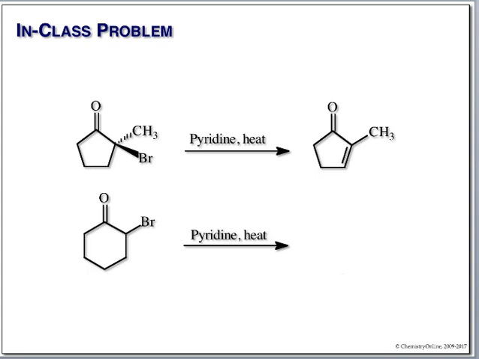Here with alpha-bromo cyclohexanone, the elimination is going to go this way. We're simply going to pull that off and make cyclohexenone. Any questions?